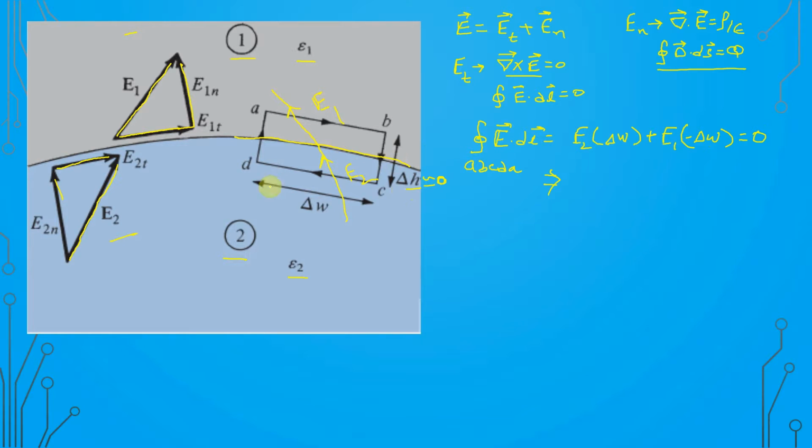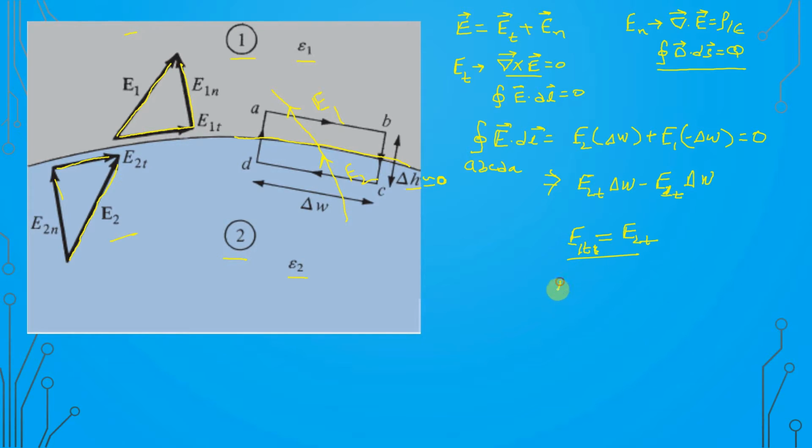So if delta H is equal to 0, only the tangential component will remain. No normal component is there, because the normal component corresponds to this delta H. So you can write here E2t delta W minus E1t delta W. So we can write here E1t is equal to E2t.